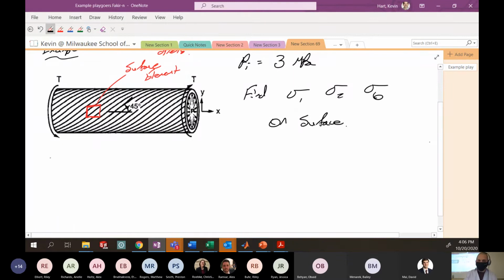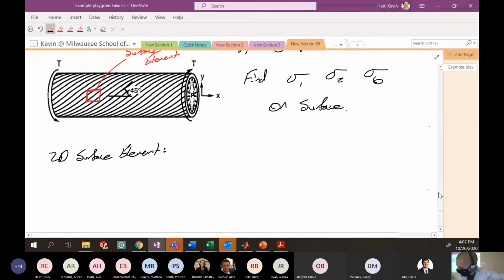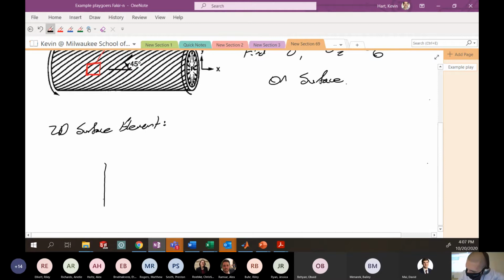All right. So let's look at what a 2D element on the surface might actually look like. The 2D surface element looks like this, and we're going to look at this in the original XY coordinate system. But I'm asked, what is the stress state in principal material coordinates?